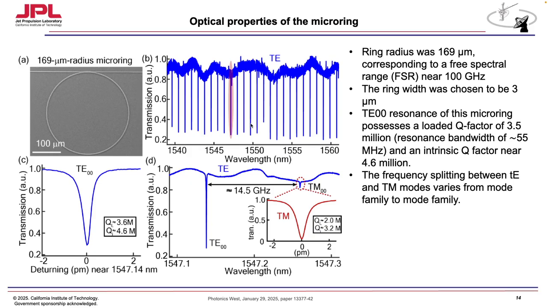We just put some light into it, but before we discuss details, I just wanted to say that the spectrum was tested in two groups. It was pretty clean, and what we noticed is that in addition to the main mode family that corresponds to the so-called TE00 mode, there are also TM00 modes, and the frequency splitting between these modes varies depending on the position of our pump, or rather the selection of the mode.